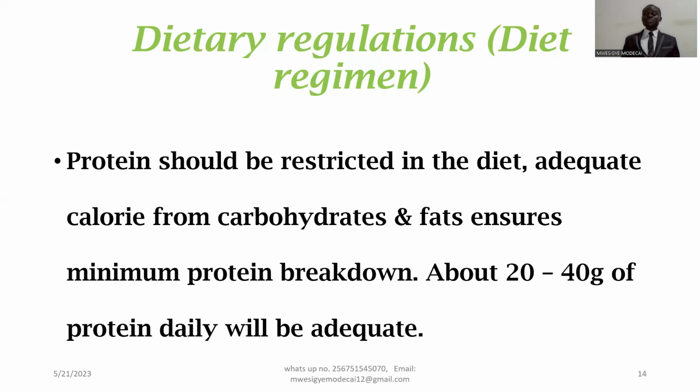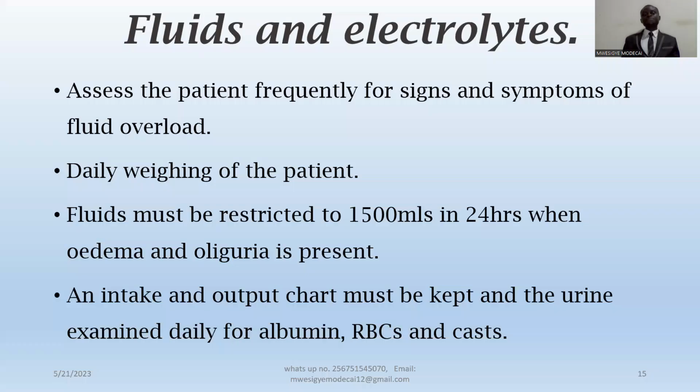So what should be the range of protein someone should take daily? If a client has glomerulonephritis, an average of 20 to 40 grams of protein daily is adequate. The diet should be fuller in carbohydrates and fats rather than proteins.